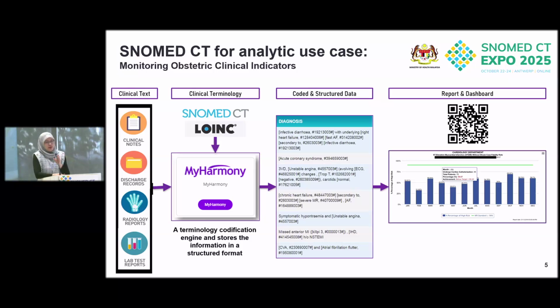And then it will codify automatically, and then they push it to a reporting engine, which is the Mahal Data Warehouse. If you want to see how this works even further, you can take a snapshot of that QR. There's a video where you can see the work back in 2019.